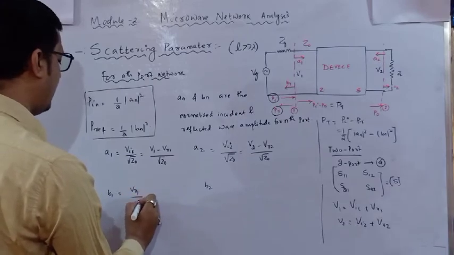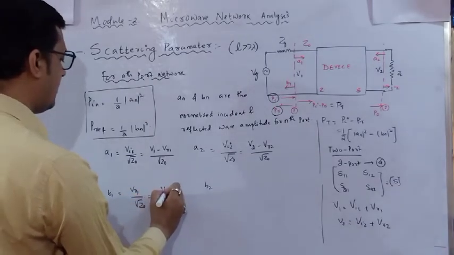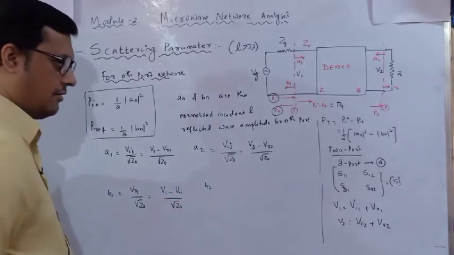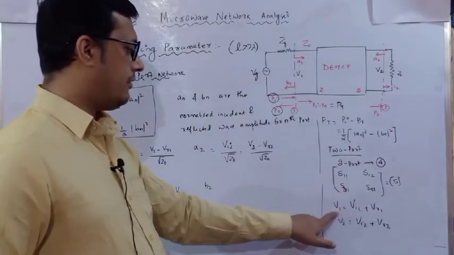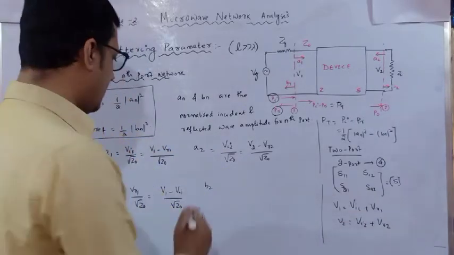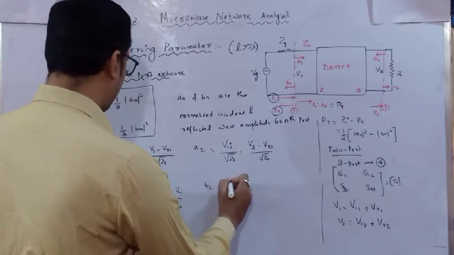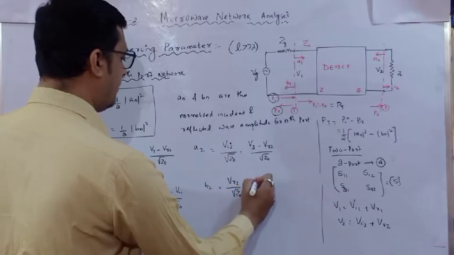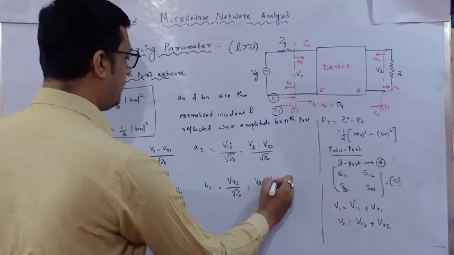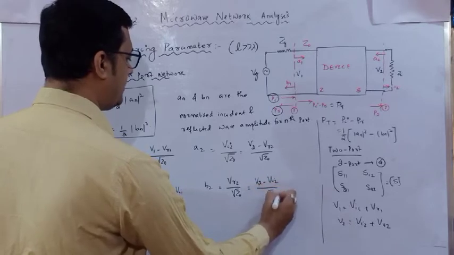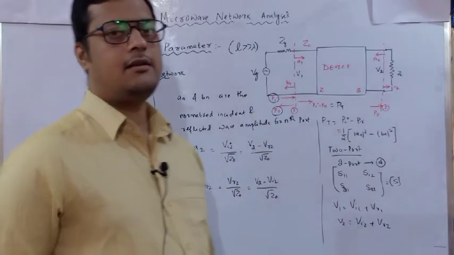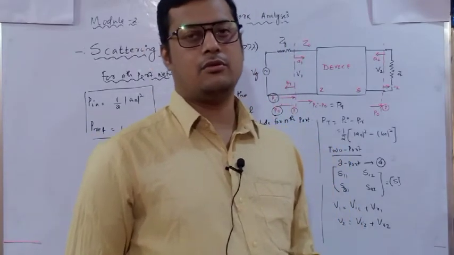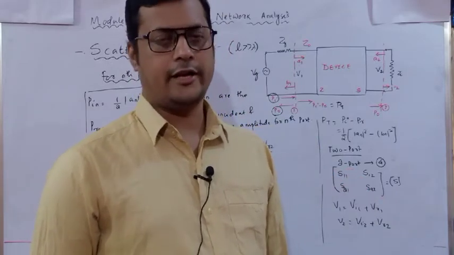VR1 divided by root over Z0, or V1 minus Vi1 divided by root over Z0, because VR1 is equal to V1 minus Vi1. Similarly, B2 is VR2 divided by root over Z0, or V2 minus Vi2 divided by root over Z0. So these are the incident and reflected potentials at port 1 and port 2 in normalized form.